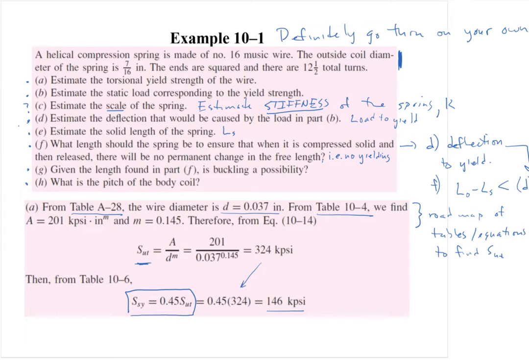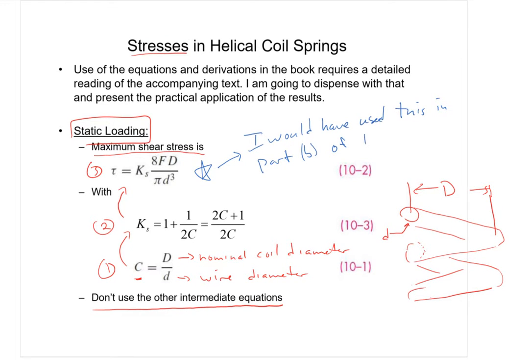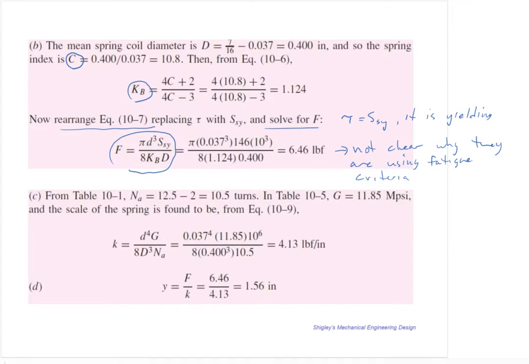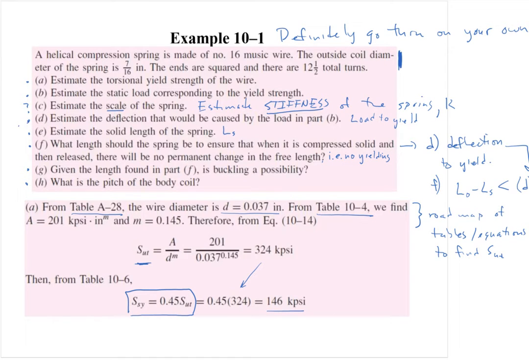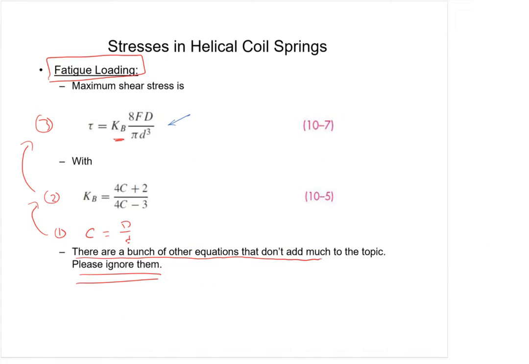Part B of example 10.2. So when you read that note, I'm already like 16 slides ahead. Let me make sure, no, example 10.1. Let me correct that. Example 10.1. I would have used this.